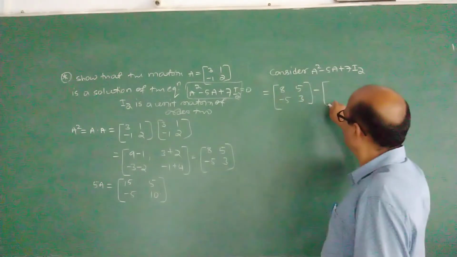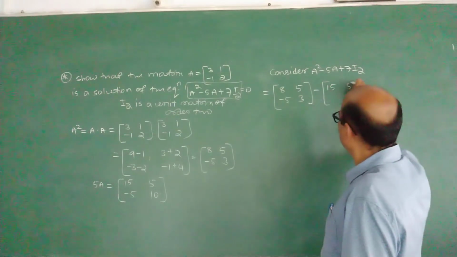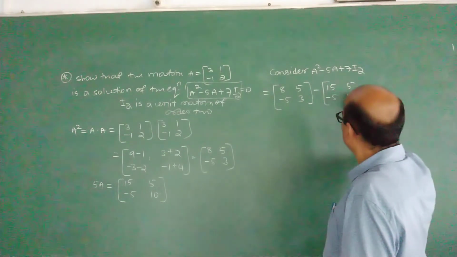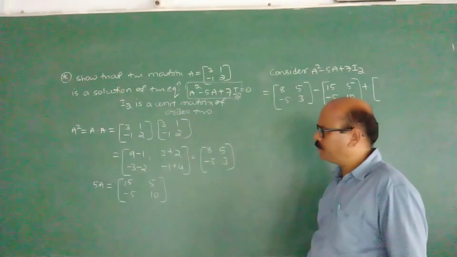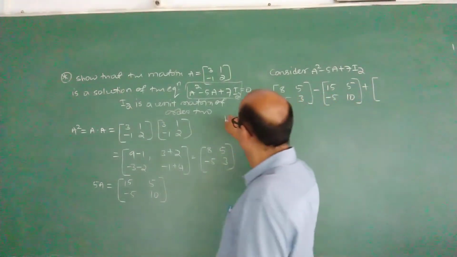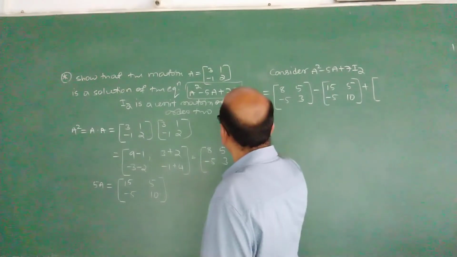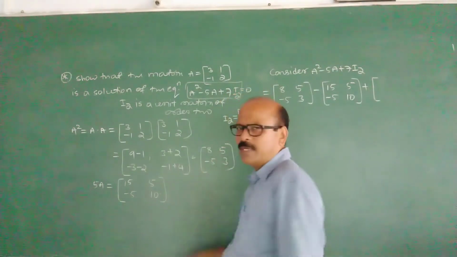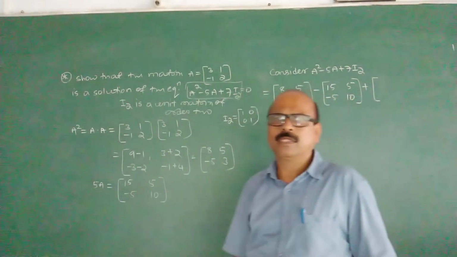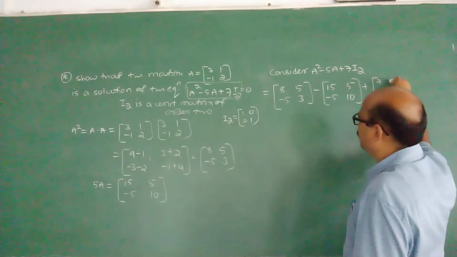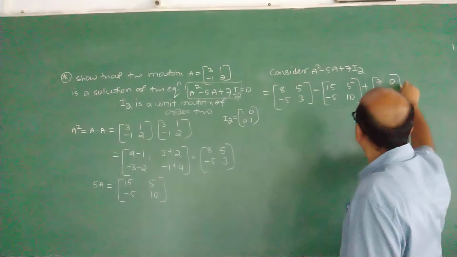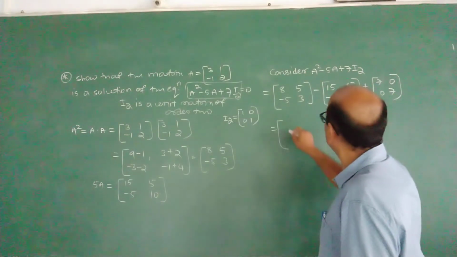Minus 5A is minus 15, 5, minus 5, 10, plus 7I2. What is I2? I2 is 1 0 0 1. 7I2 means multiply this by 7. What do you get? 7 0 0 7.